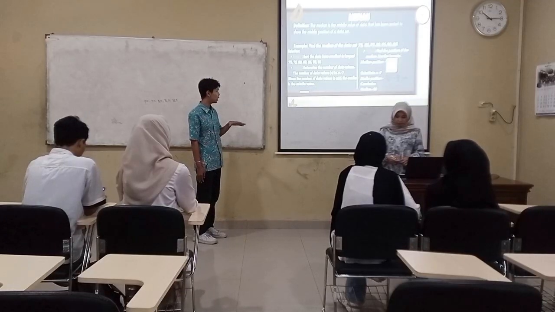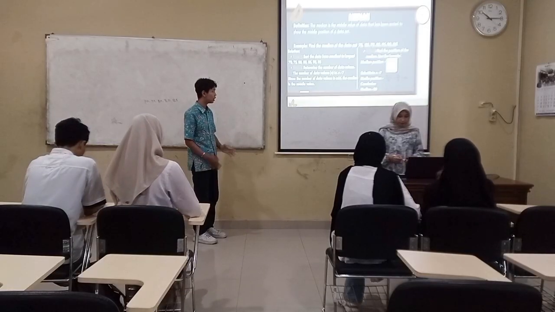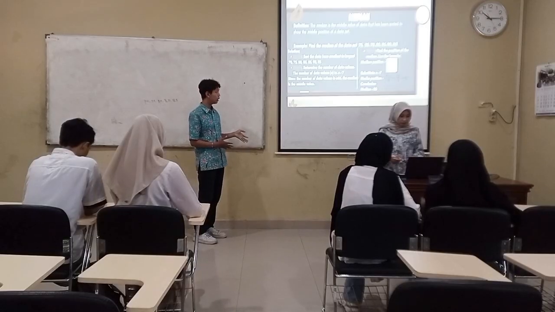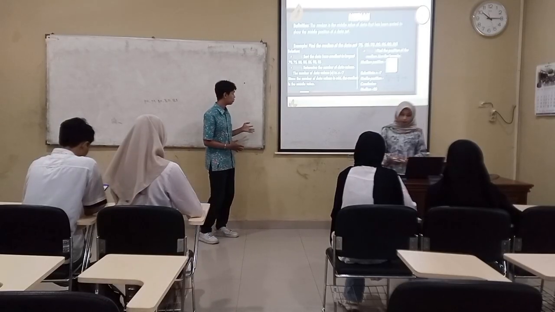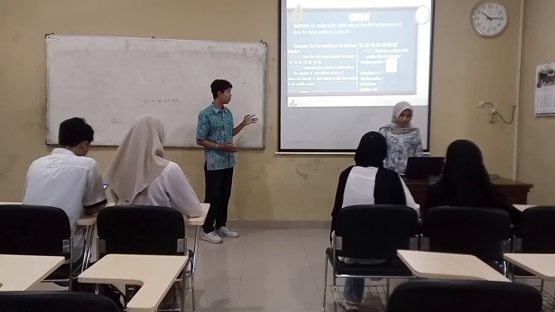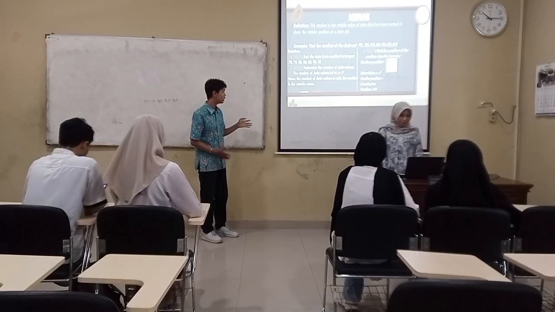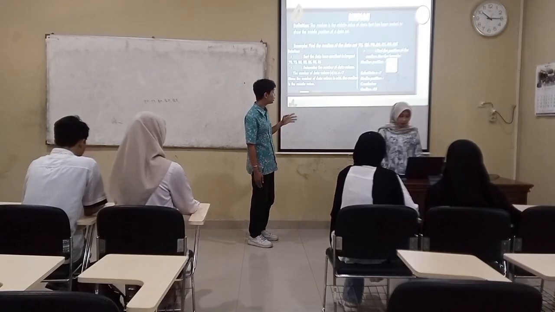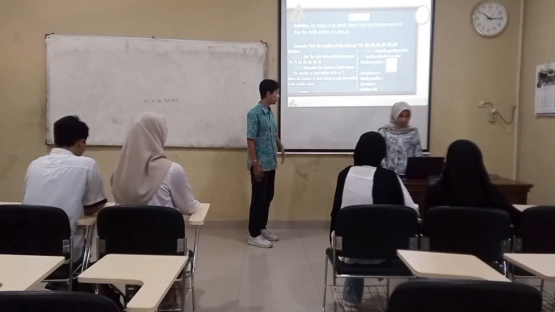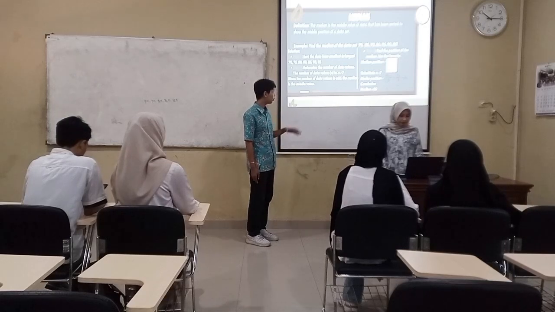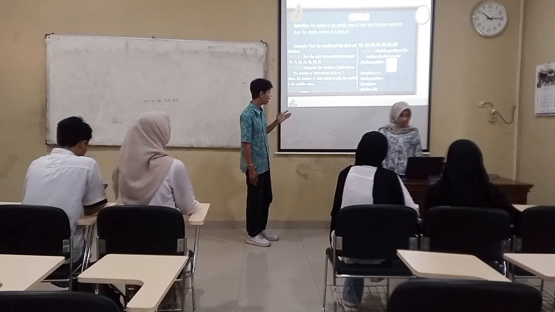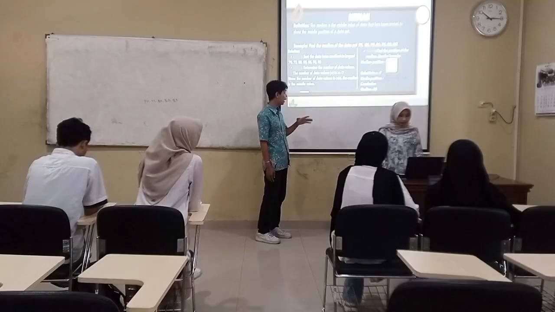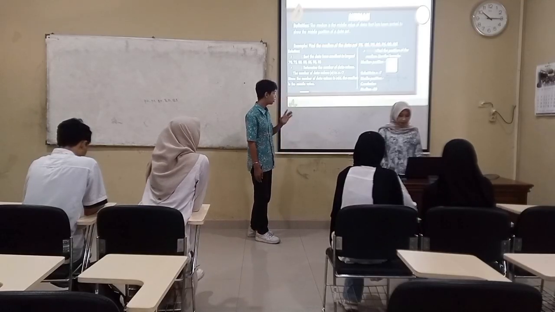Step 2 is determine the number of data values. The number of data values n is 7. Since the number of data values is odd, the median is the middle value. Step 3 is find the position of the median. Use the formula: median is x of n plus 1 over 2.